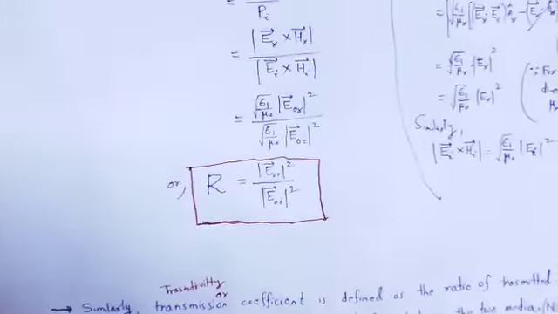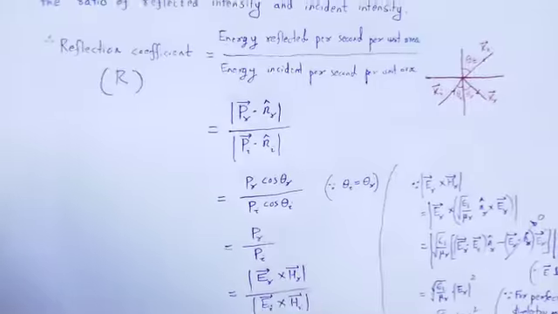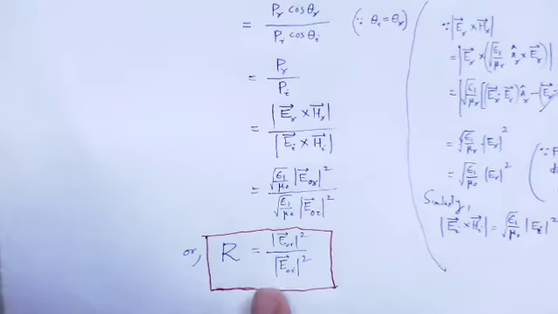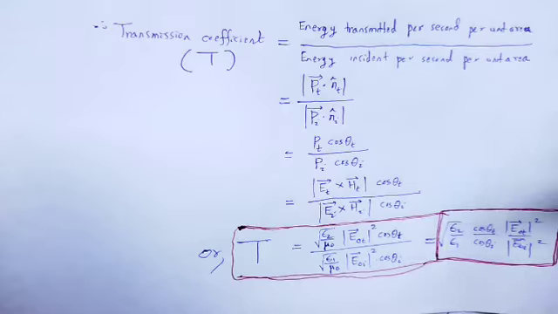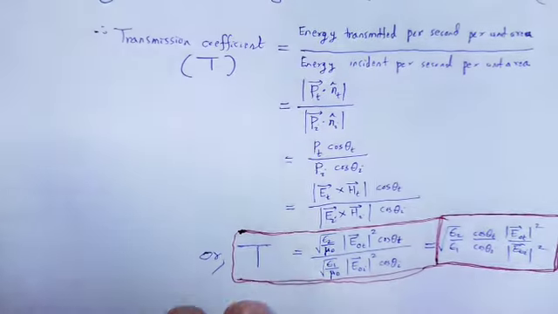These two are the general expressions for the reflection coefficient as well as the transmission coefficient. By using these two general equations, we can easily show how energy is conserved during the process of incidence, reflection and transmission.